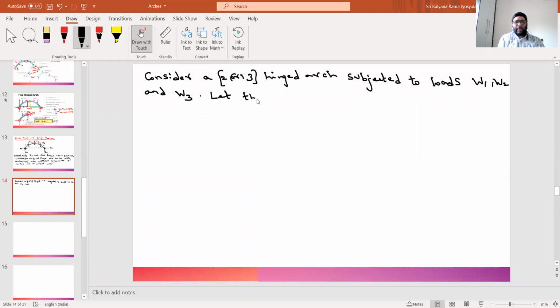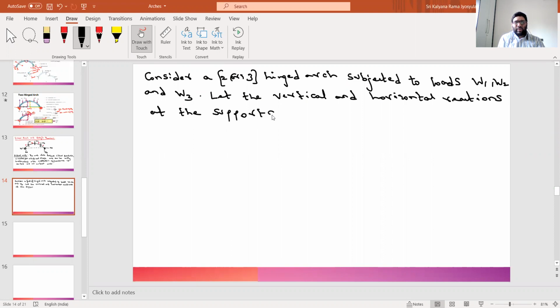Let the vertical and horizontal reactions at the supports be given by.